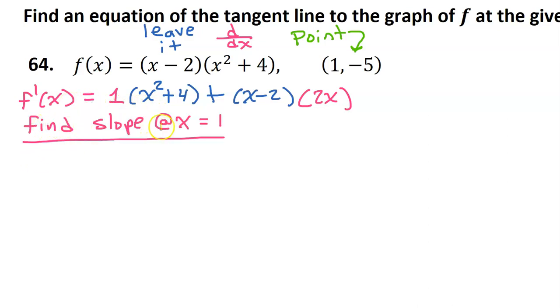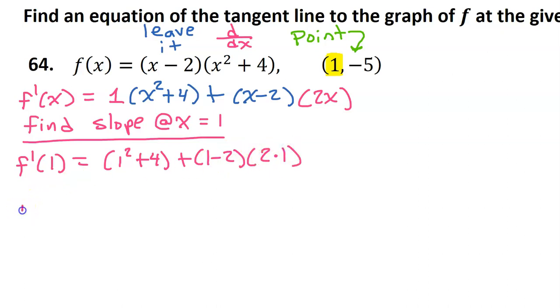So now we need to find the slope at x equals 1. I'm saying x equals 1 because that is the x value of the point of tangency. So we are evaluating the derivative at 1. So substituting 1 for all of these x values, we have 1 squared plus 4 plus 1 minus 2 times 2 times 1.